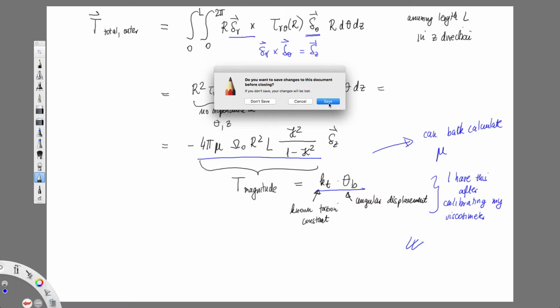If I'm doing r cross theta, then r is supposed to be this way, so z is pointing upwards. So delta r cross delta theta is delta z, pointing upwards. But overall torque does have a minus sign to it, so it's pointing downwards.